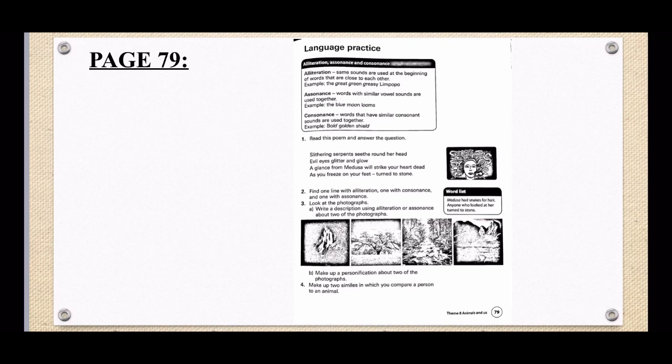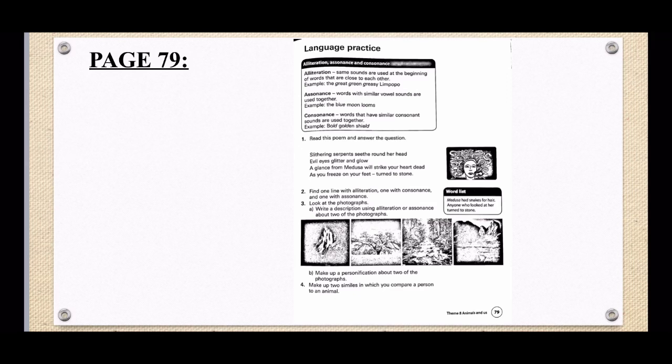So there are 4 photographs. There's a fire, there's a nice beautiful tree, we also have a nice stream or a river with trees around it, and then in the last photo we have some mountains, right? So pick any 2 of those photographs and then describe them using alliteration or assonance.